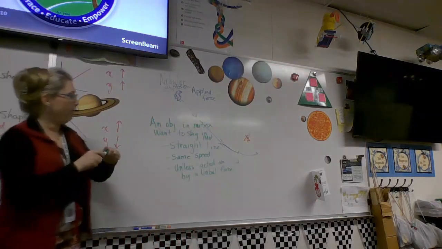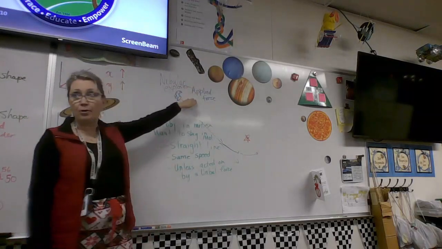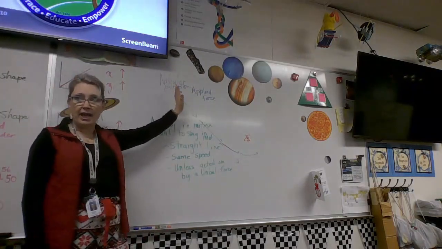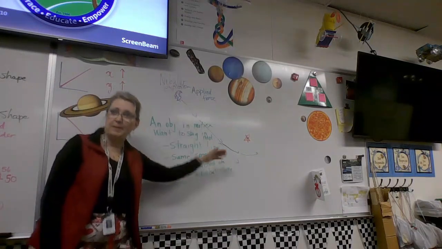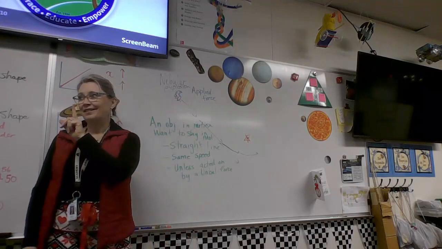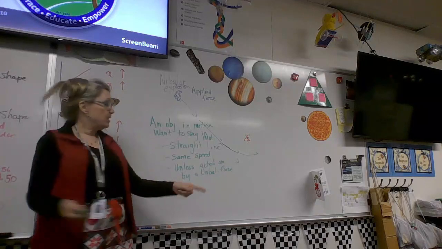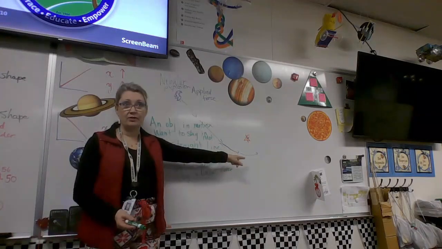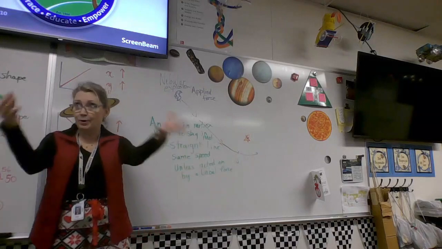So here, because of the applied force from the explosion, we have an object in motion moving at the same speed in a straight line until it's acted on by gravity. So now it's no longer going in a straight line, is it? Because there's an unbalanced force, the gravity is pulling on it.